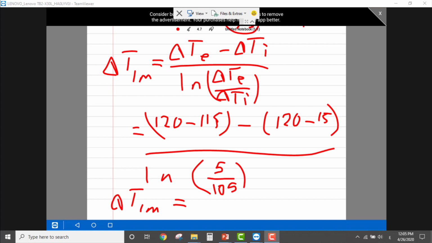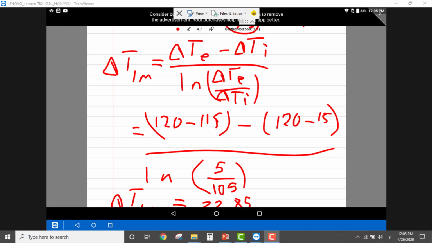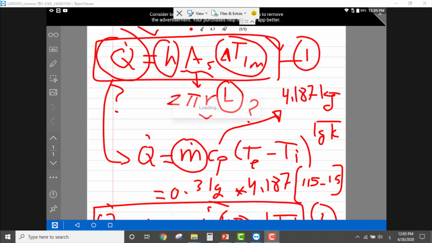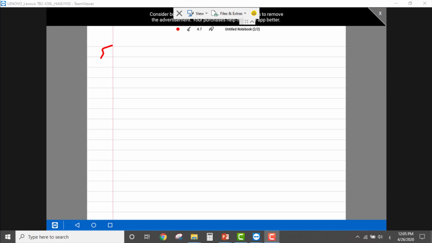So the answer is 32.85, and I will name this result as equation 3. So now we will substitute equations 3 and 2 into equation 1.